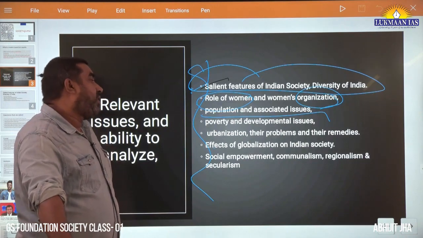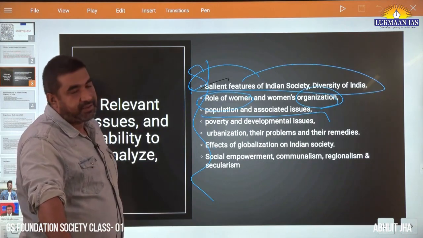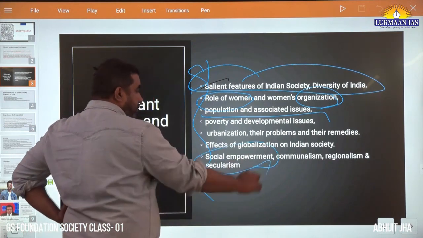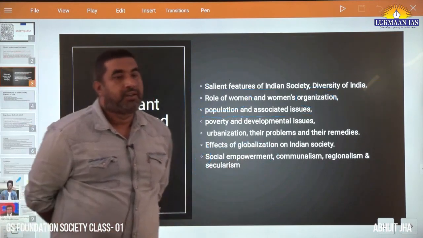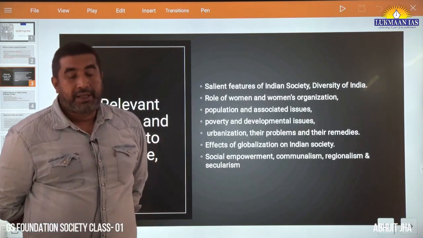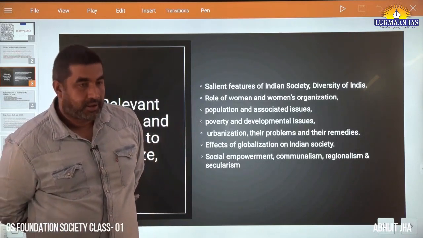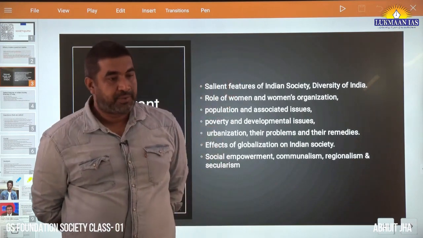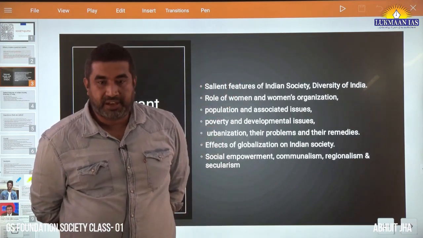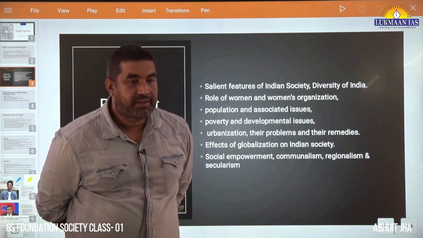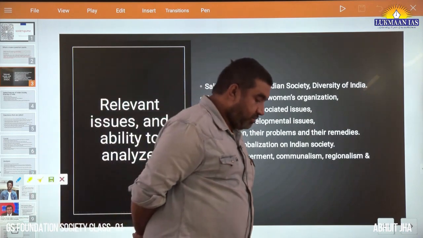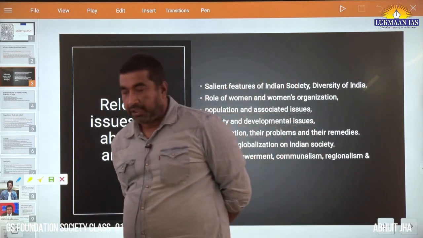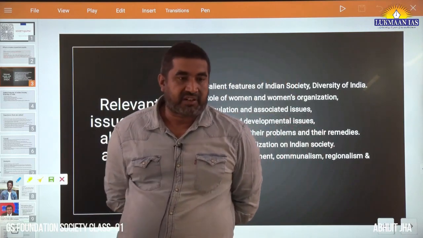Social empowerment, communalism, regionalism and secularism. Now with social empowerment, who is getting socially empowered? There has been a trend of social empowerment, of feminism. We are witnessing the phenomenon of feminism everywhere. Yet Kareena Kapoor, one of the tall names in Bollywood and a heroine, never considered herself a feminist.